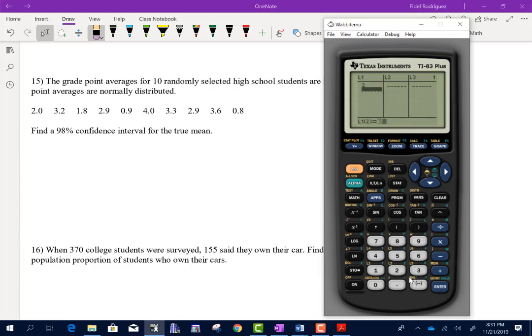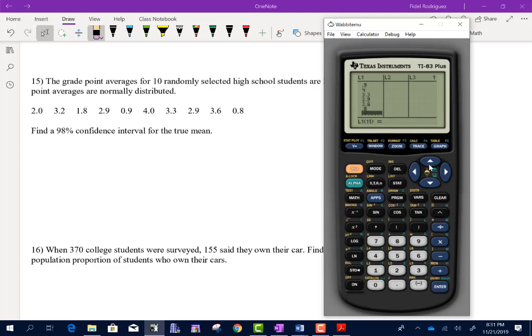Then 3.2, 1.8, let's see, 2.9, 0.9, 4, 3.3, let's see, 2.9, 3.6, and 0.8.